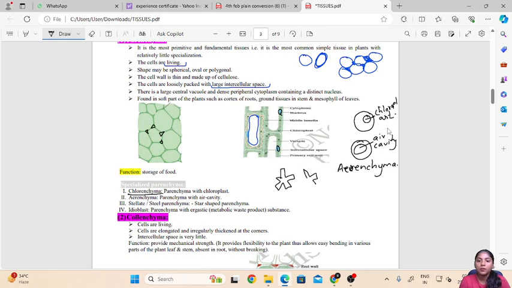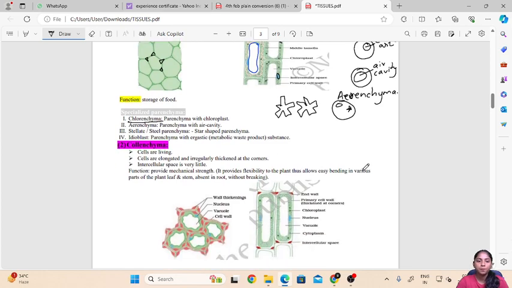In this case they are called stellate parenchyma. Then in some other cases, the parenchyma cells may contain lignin or some sort of crystals in the cells, and such tissue is called idioblastic tissue.